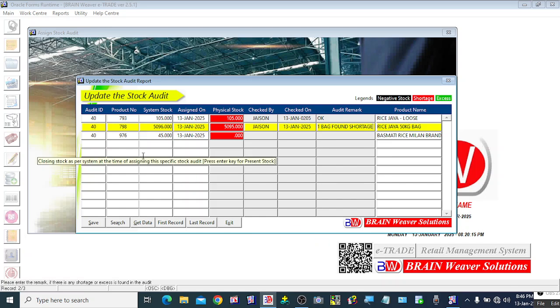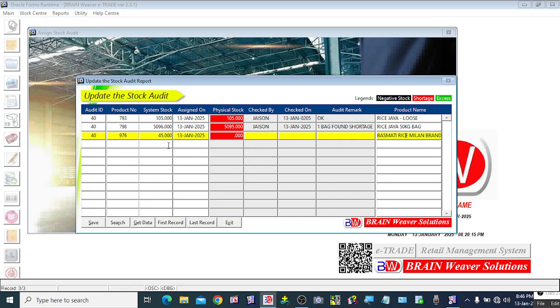Since while we generated this emergency stock audit, stock as per system was 5096 bag, and after the physical verification of this product, the concerned person has counted only 5095 bags. It means one bag is in shortage. That he can mention in the audit remark area. The another or last product is basmati rice 50 kg bag. 45 was the stock as per system.